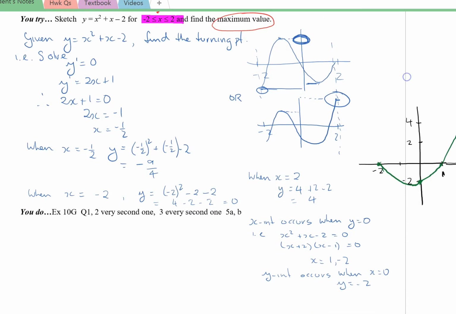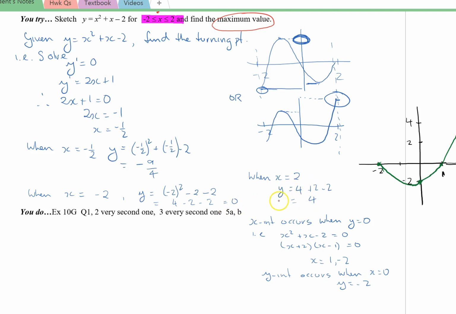And then, so that I could sketch it, because it said to sketch, what did I do? I looked at each end. When x is minus 2, I found the y value was 0. And then when x was plus 2, the other extremity of the domain, I found that y was 4.